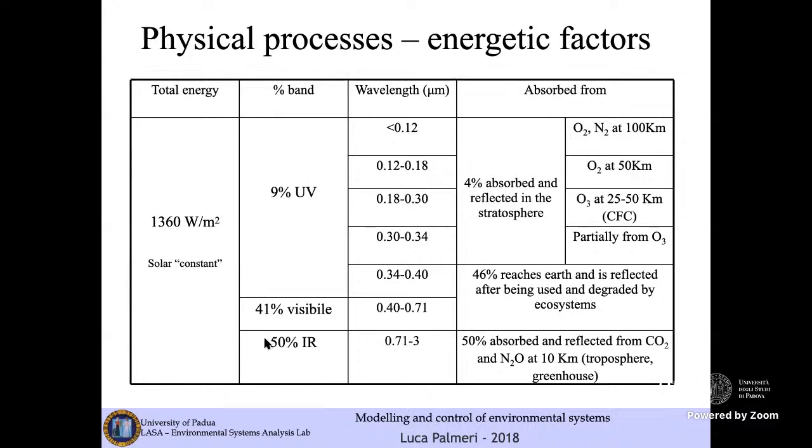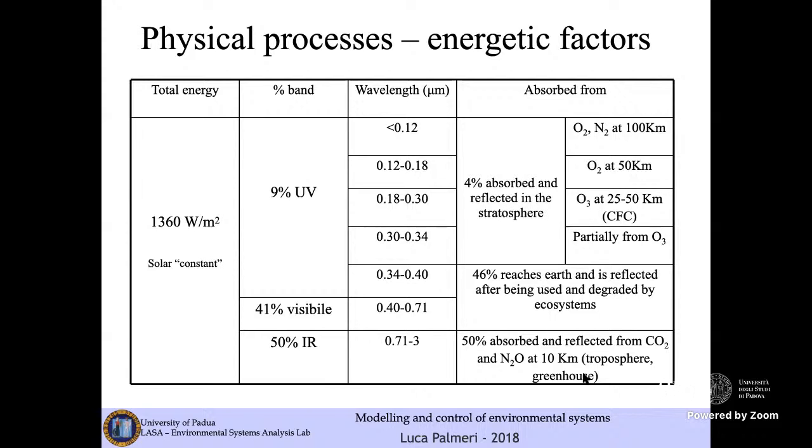For example, 50% of this radiation is infrared, thermal radiation, meaning that it arrives on the surface of a planet in the interval 0.71 to 3 micrometers, and it is absorbed and reflected by CO2 and other gases in the troposphere. Just to recall, these are the processes that generate the greenhouse effect.